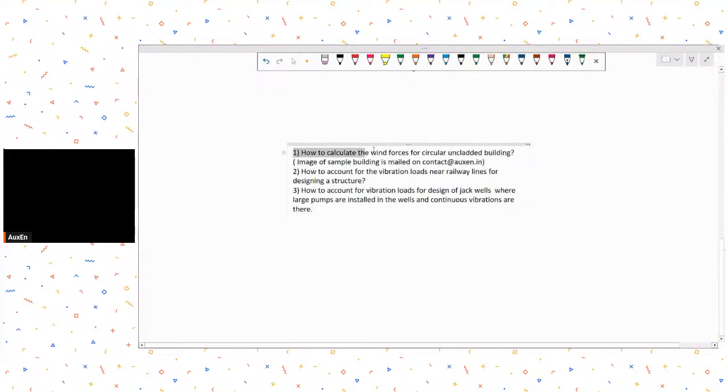So his first question is how to calculate the wind forces for a circular uncladded building. And he has shared one image. So let me just put that image over here. Okay, this is interesting.